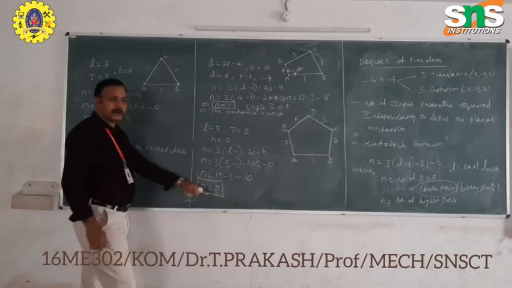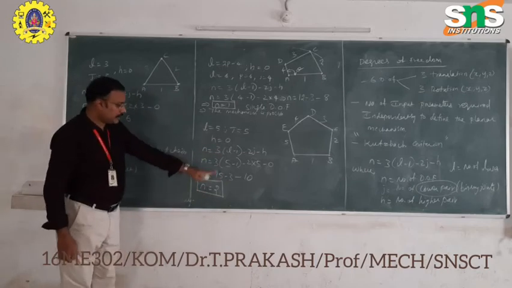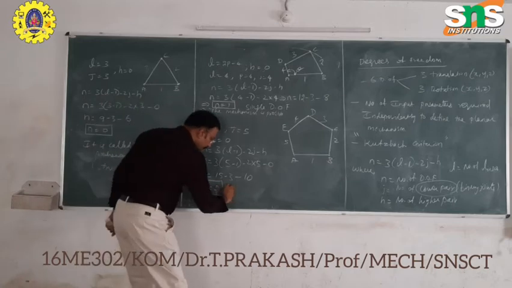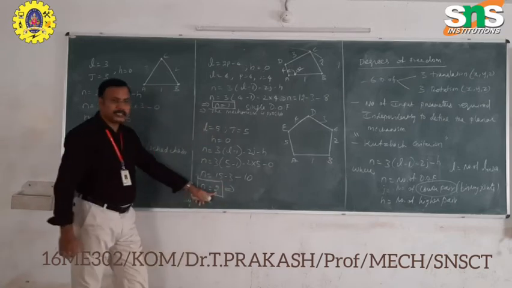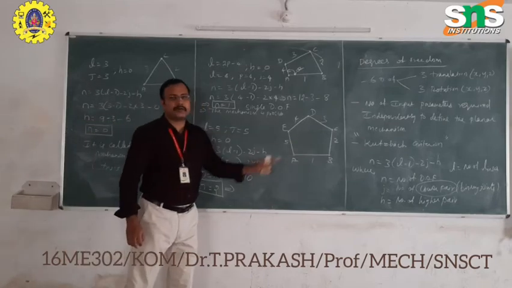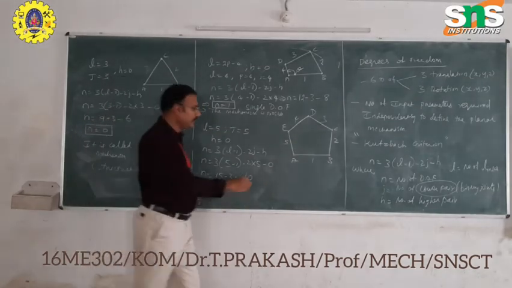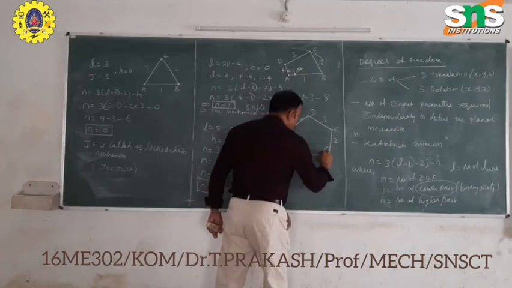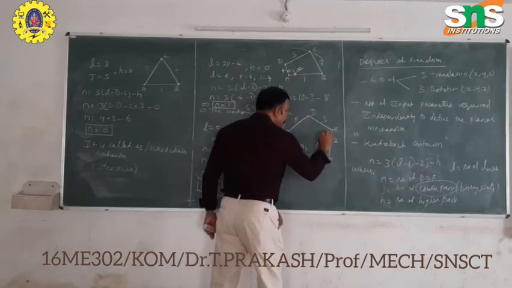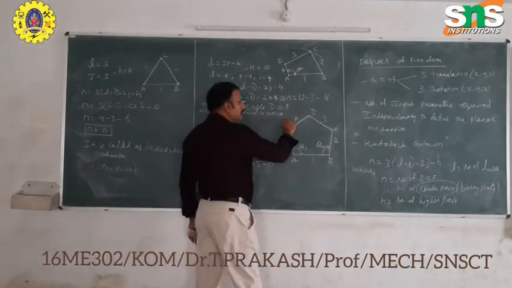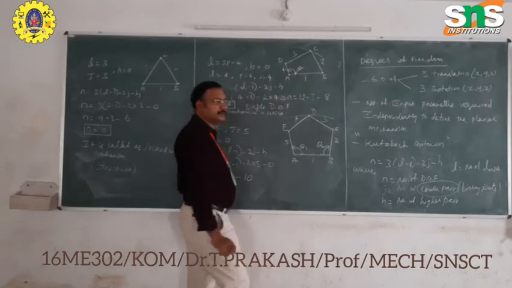Therefore, the mechanism is possible. n equal to 2 means the mechanism is possible, since it is greater than 0. Therefore, the mechanism is possible with how many degrees of freedom? With 2 degrees of freedom. Therefore, 2 inputs are required for this mechanism to convert it into useful work.